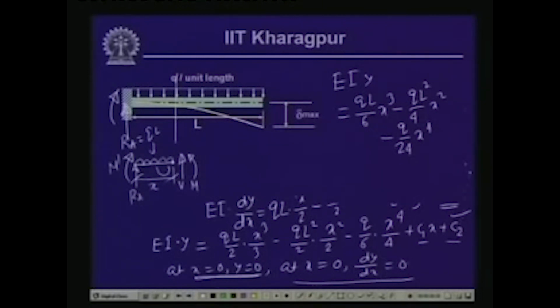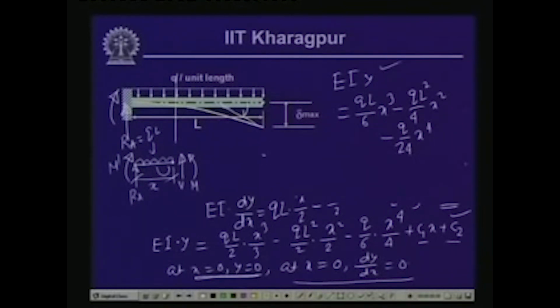Now, what we need to do is compute the value of the deflection at this free end and also the slope of this elastic curve at this free end. That means, if we take the tangent of the elastic curve at this particular point, what is the rotation of this point of the elastic curve. If we substitute the value of x as L, we get the value of y.